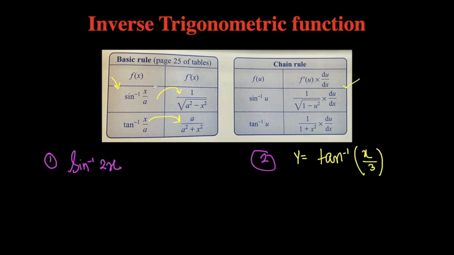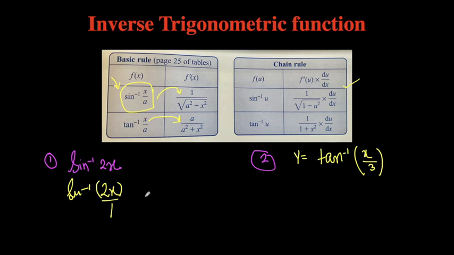The first question is not in this format, so I will try to make it in that format. So sine inverse 2x over 1. Now your bracket is this part, bracket over, and a is your 1.